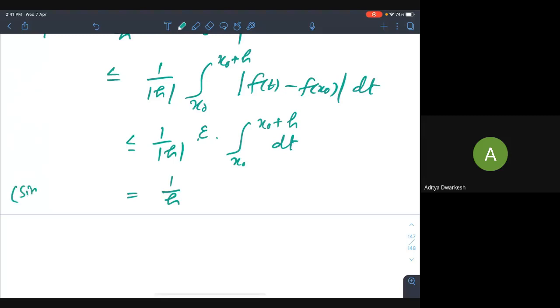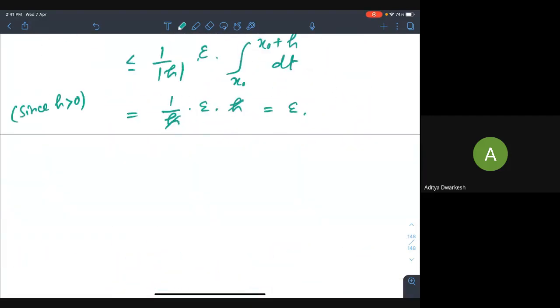Since h is positive, this is 1 over h times epsilon times h. So this is epsilon.